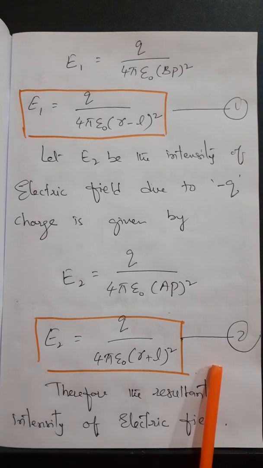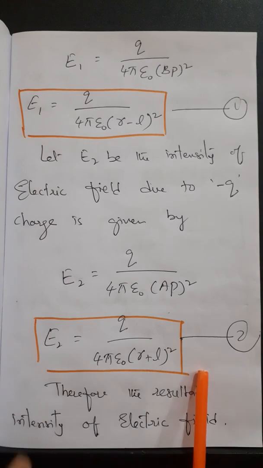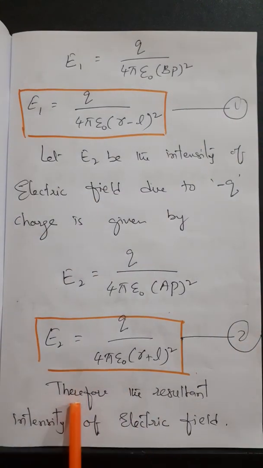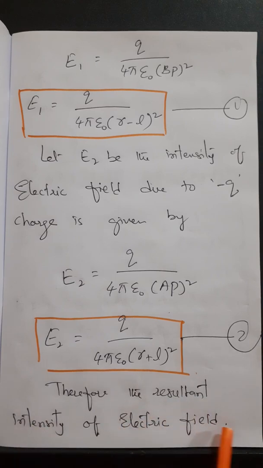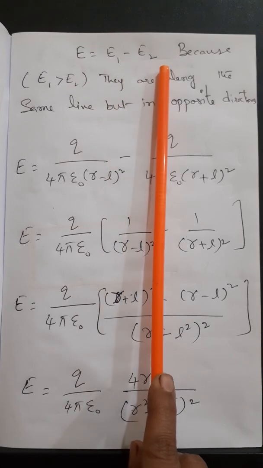Now we have to calculate the resultant electric field intensity at a point P due to plus Q and minus Q. Therefore the resultant intensity of the electric field E can be written as E1 minus E2. Why E1 minus E2?